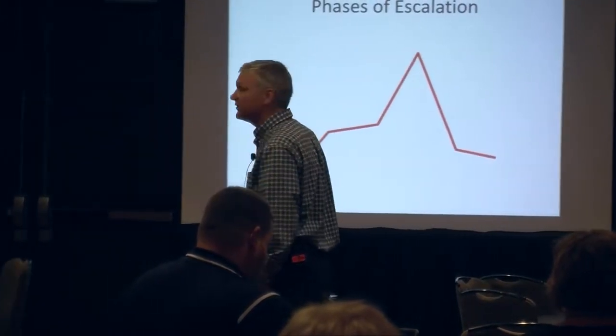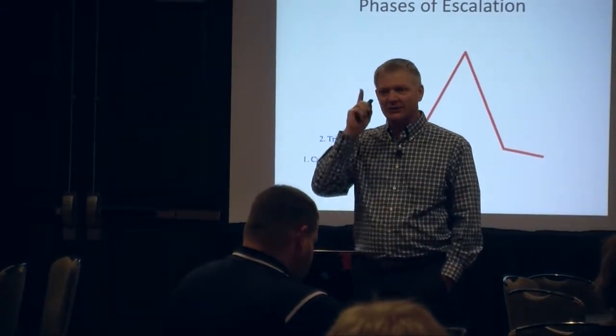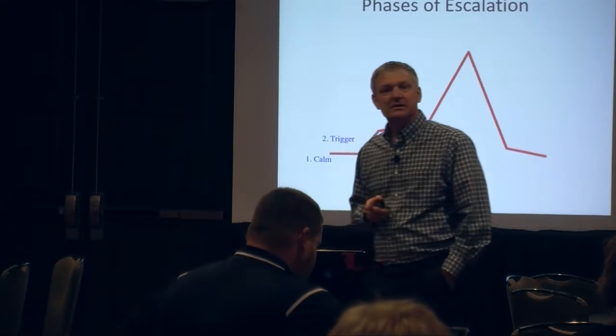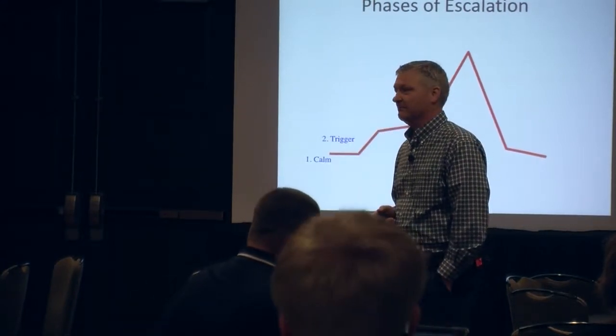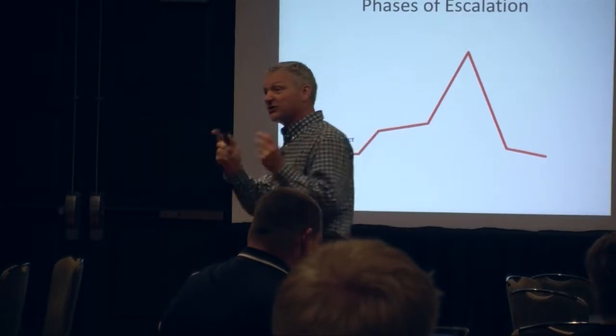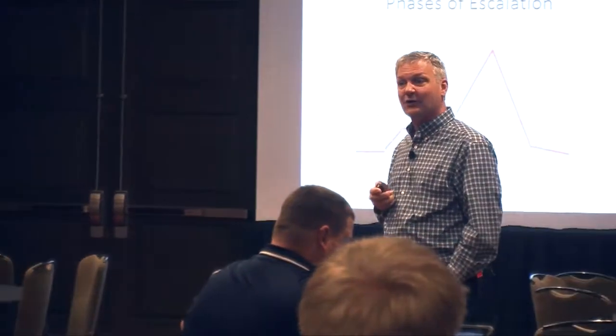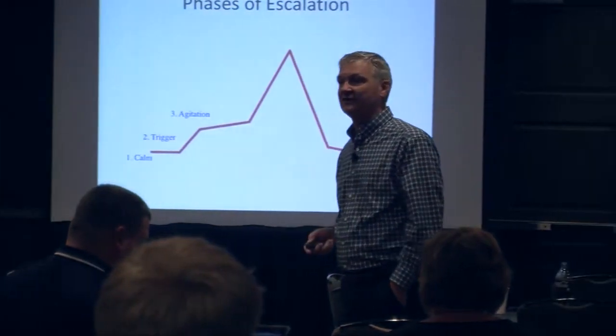When we notice that there's been a trigger, our job should be to give them a direction: what should you be doing? What we see a lot is things are going well, there's a trigger, the kid gets a little bit off, and then if an adult comes over and challenges, a challenge to a trigger generally ends up in agitation. So what we want to really focus on is redirection and distraction at the early phases.